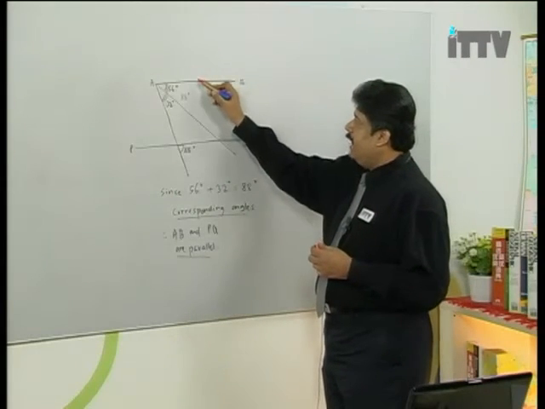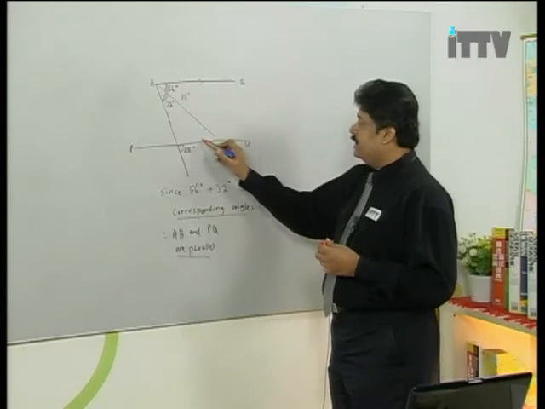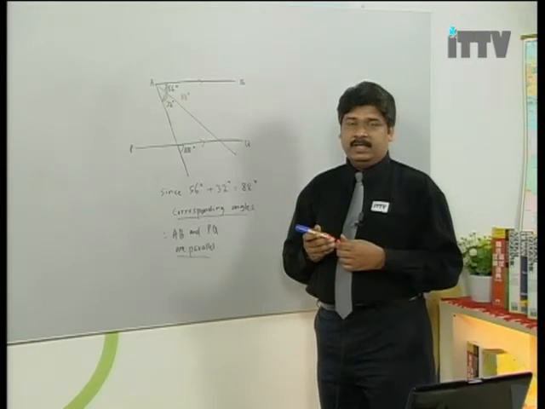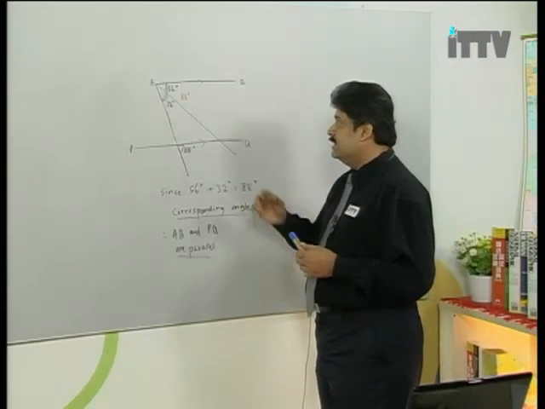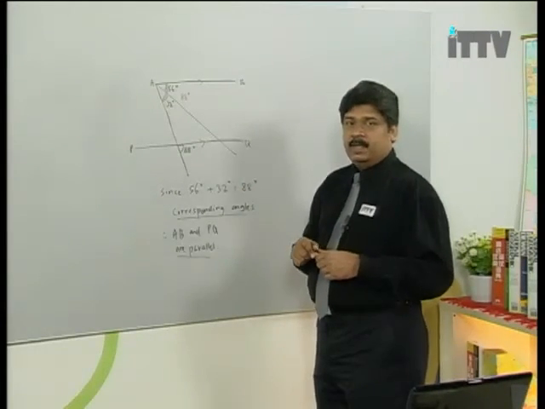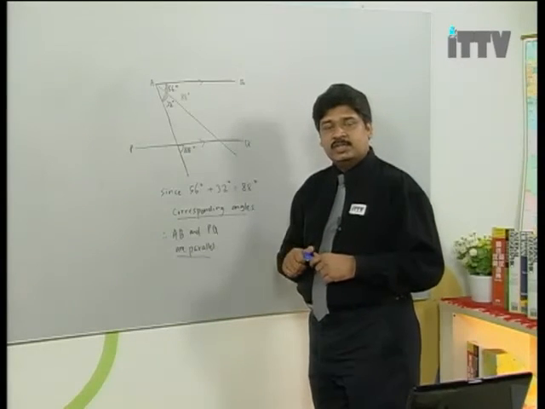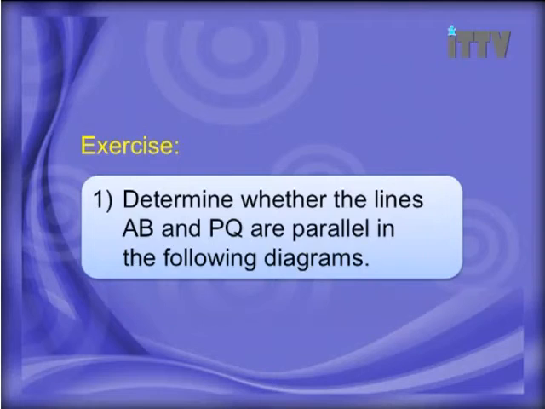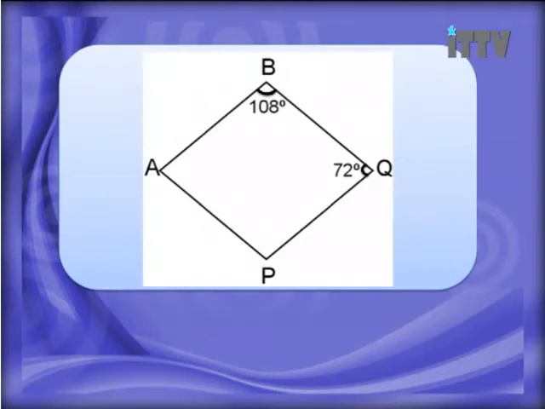Therefore, line AB and PQ are parallel in nature. It is that easy for us to determine. Let's now turn our attention to the next question. Determine whether lines AB and PQ are parallel in the following diagram.